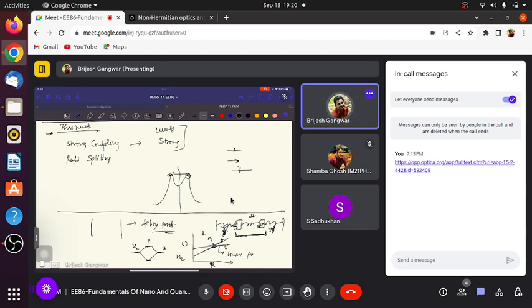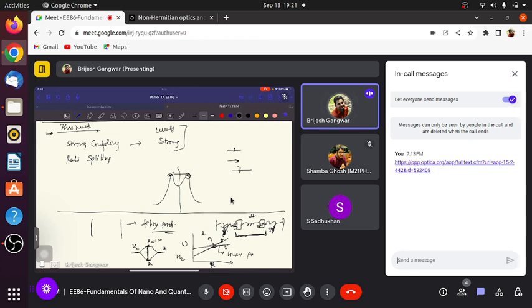This is called anti-crossing, and this is the symmetric bond. If you apply some energy, energy difference between these two levels, then it oscillates between these two levels. I think that is only called the Rabi frequency, at which they start to couple strongly.